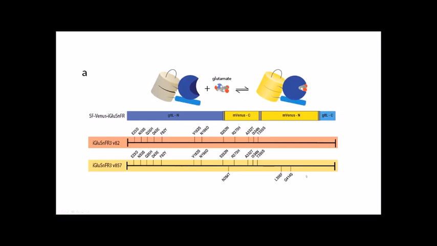In particular, V857 has 15 different mutations, which we've actually reverted individually and shown that they each affect sensor performance.